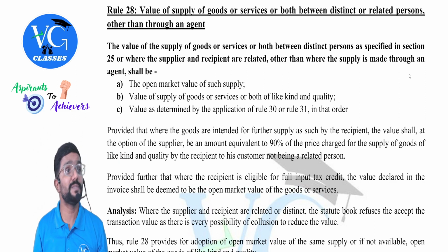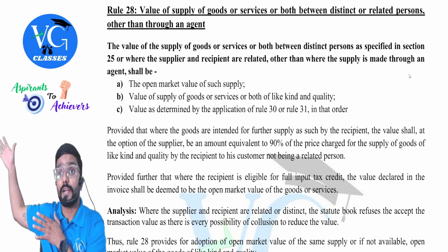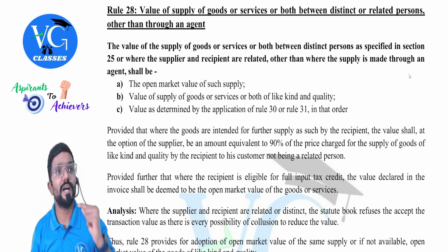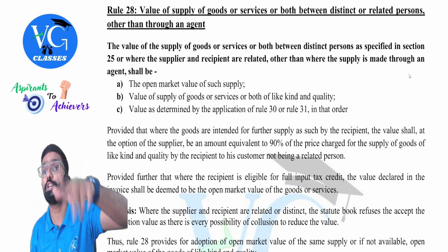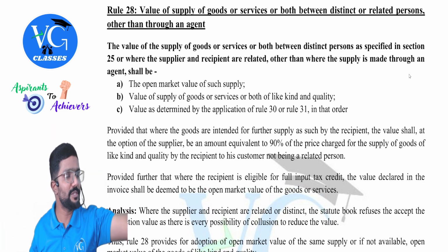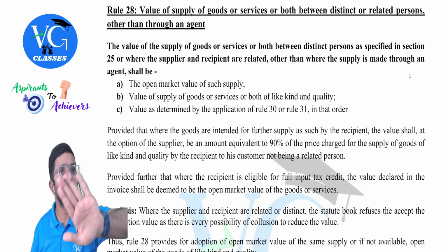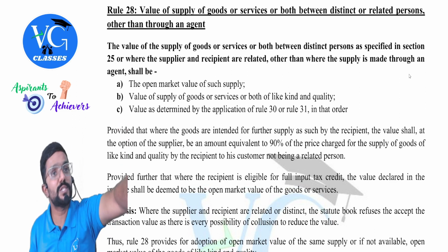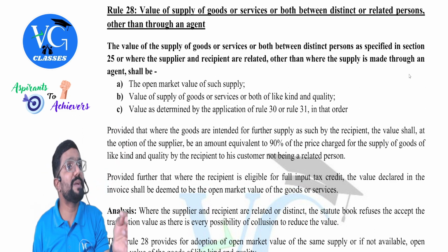Just to escape from GST, goods might be worth 1 lakh, but we are just showing it as 10,000. Because our relationship might have an impact on the price. So they told we will not consider the price. As you both the people are related, we don't consider the price. What are they trying to tell? Assume you are the supplier, I am the recipient. If you are selling these goods to someone else, at what price are you selling it?